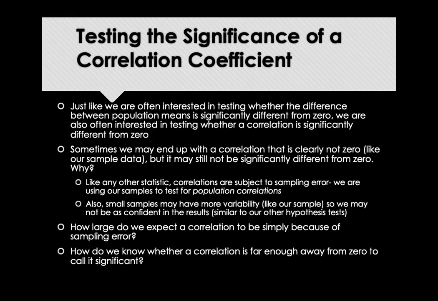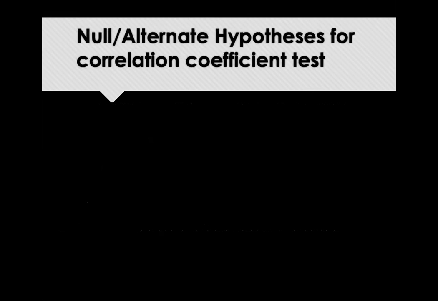But how do we know whether we're seeing a strong or moderate relationship because of the relationship between the variables, or what part of that is sampling error and not really reflecting a relationship at all? The answer is hypothesis testing. This should be very familiar to you. This is the exact same concepts that we've talked about with t-tests and ANOVAs.